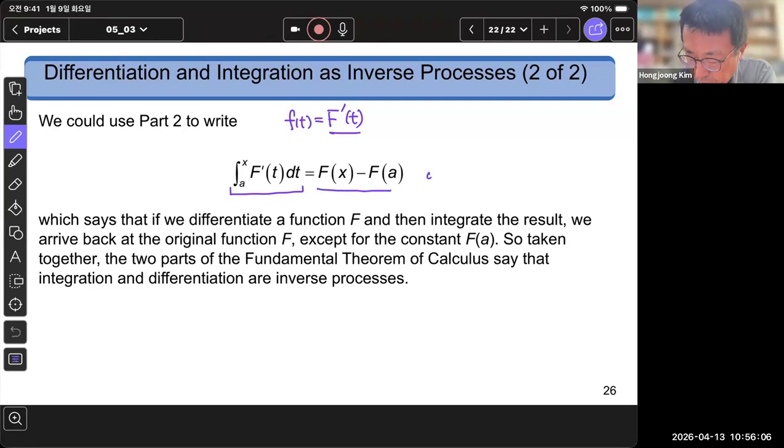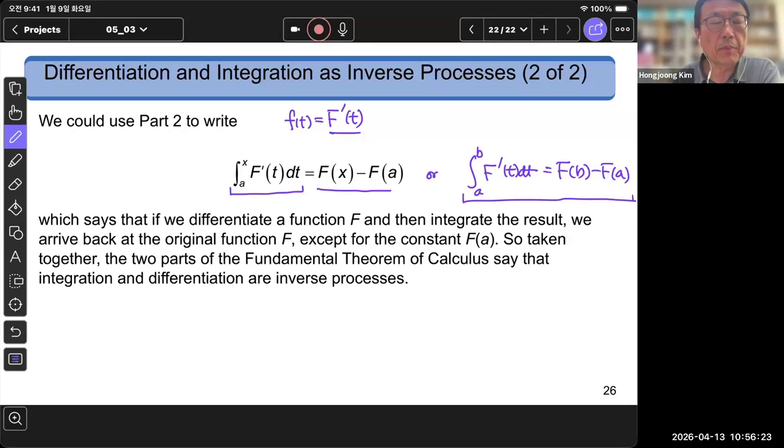Or if I integrate F prime of t dt from a to b, that is F of b minus F of a.